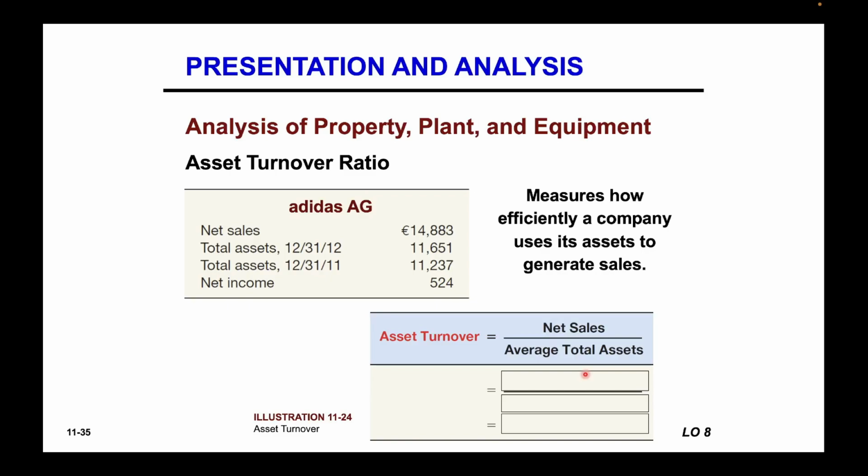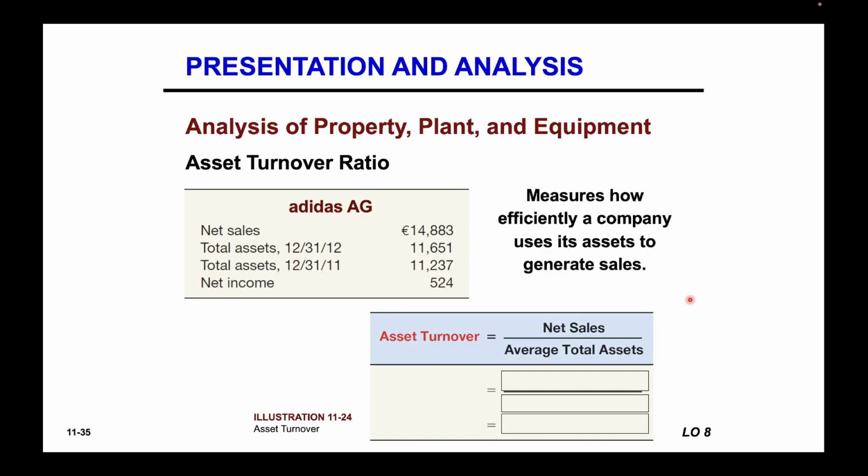A higher asset turnover ratio indicates more efficient use of assets. The higher, the better, because the higher the asset turnover ratio, that means the company uses the assets more efficiently.